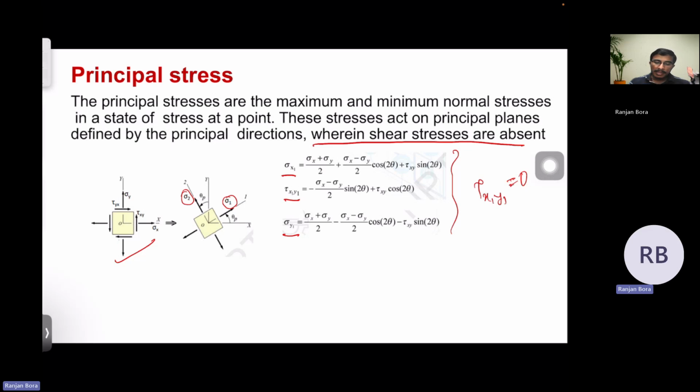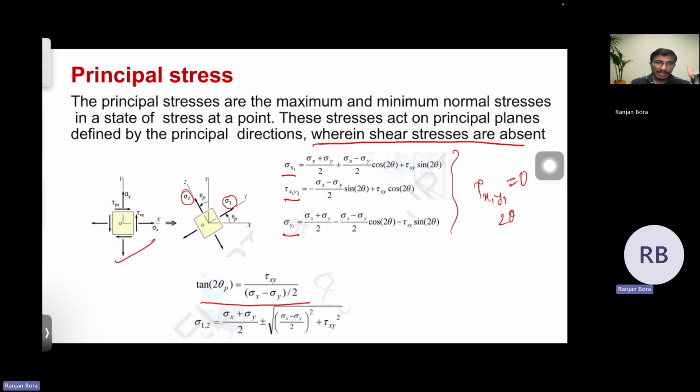After doing this, we get the value of 2 theta. In this we can see tan 2 theta p. After setting tau x1 y1 to 0, we get this equation. From this we can find the values of sine 2 theta and cos 2 theta.